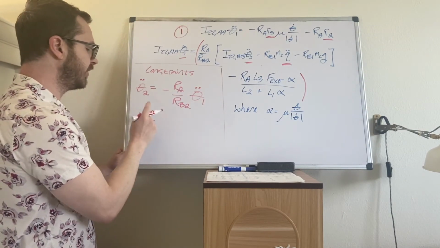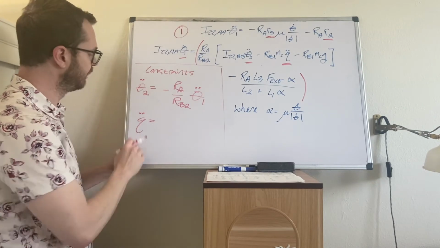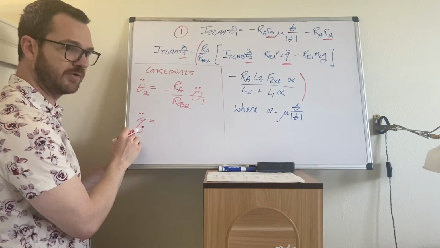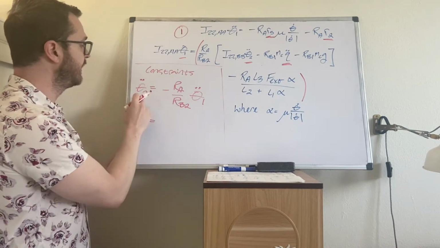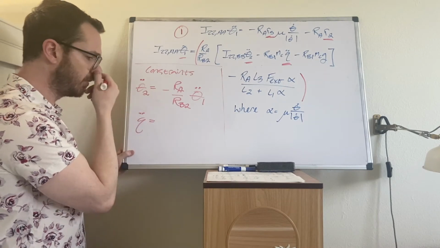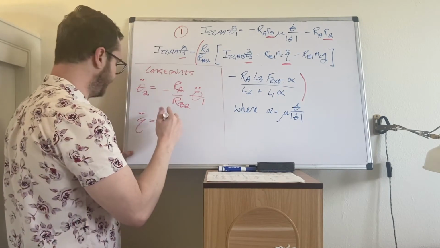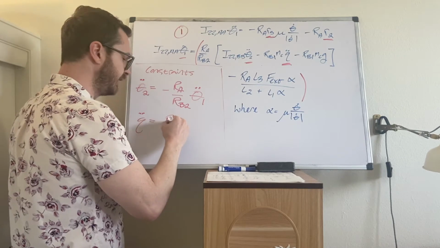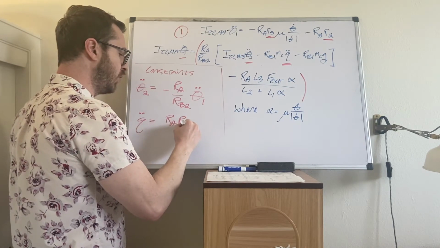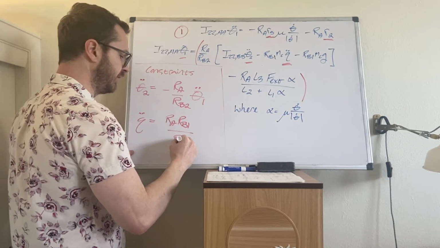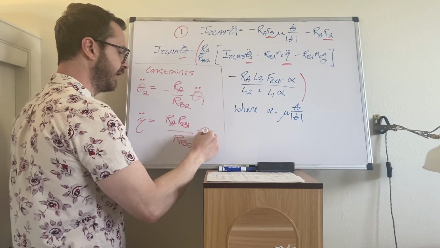Now with Q double dot, you have to use both constraints. So you solve for Q double dot in terms of theta 2 double dot, and then you use the same equation from above. And for Q double dot, we have RA, RB1, RB2, theta 1 double dot.